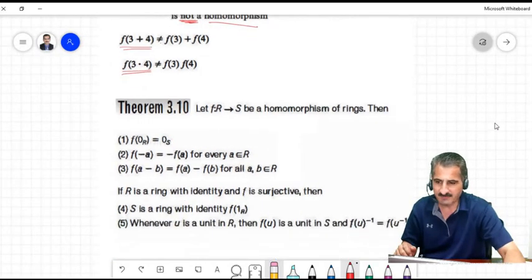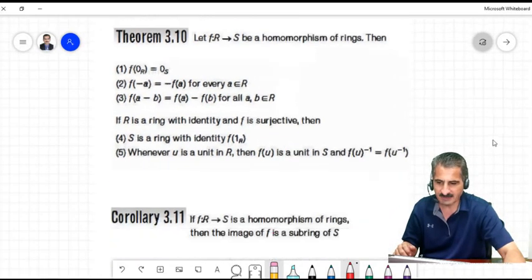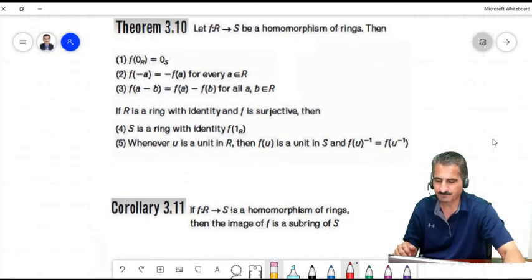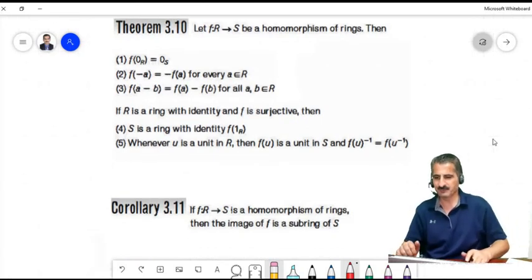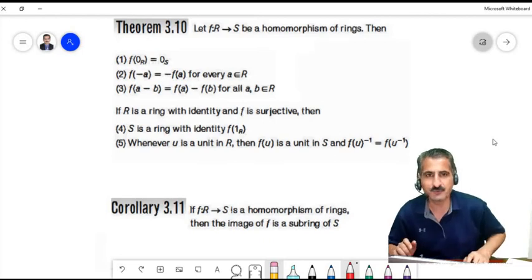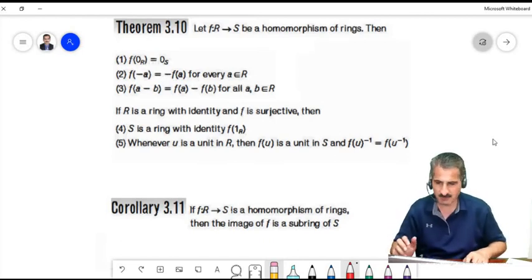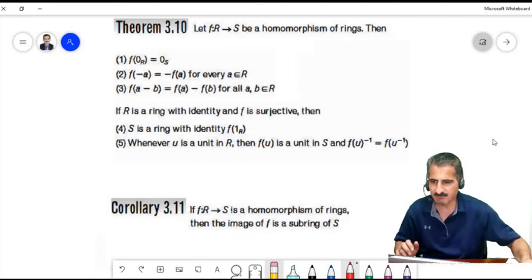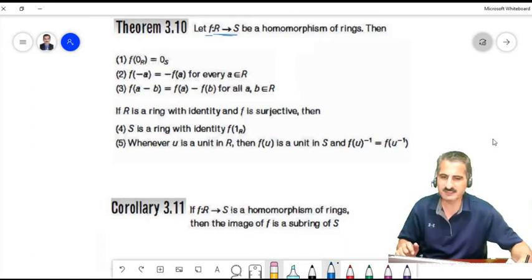Now, a very important theorem here. I need a space to prove it. Okay. So I will give the proof very quickly. It's very easy. It says, if we have a homomorphism from R to S, then it takes the 0 to 0.